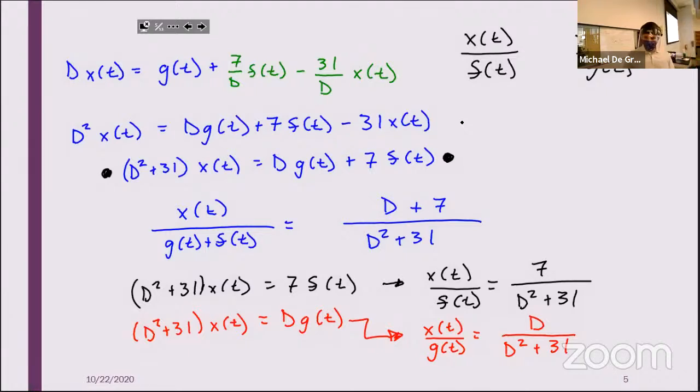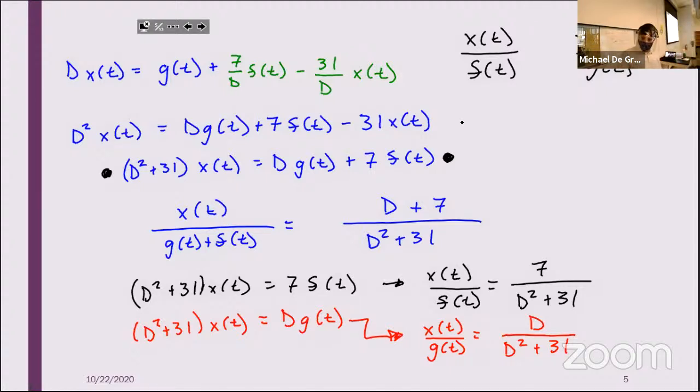If you have both of those inputs and you want to know how the total system responds to both, you need the blue transfer function. If you want to know just how your output changes based off a very specific input, x of t over f of t is good for you. But what if you wanted to use the other one? Well, that's x of t over g of t.